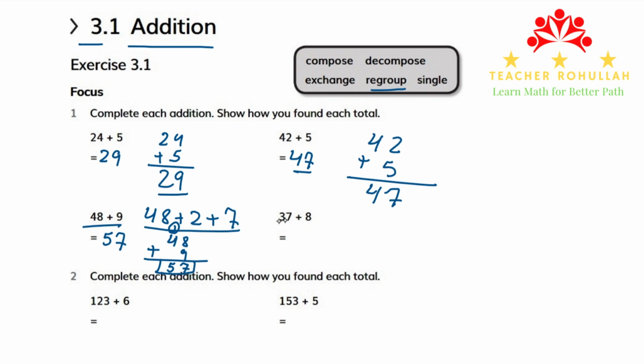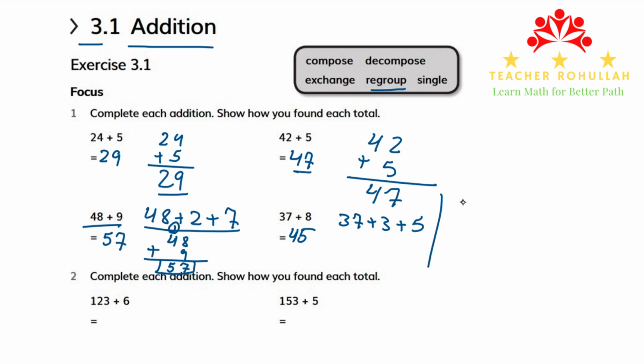In the fourth question, we have 37 plus 8. Again, I use compose and decompose. I will write 37 plus 3 and 5. Why do I use 3 here and 5 here? It is because when we add 3 to 37, it gives us a multiple of 10. So now we can easily add 37 and 3, and it gives us 40. 40 plus 5 is 45.